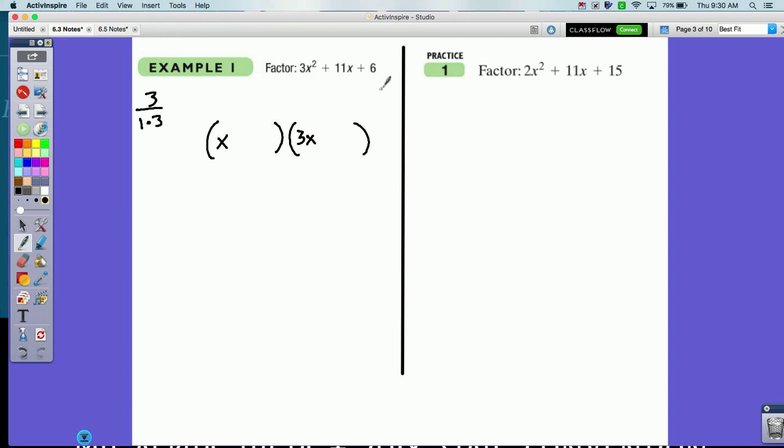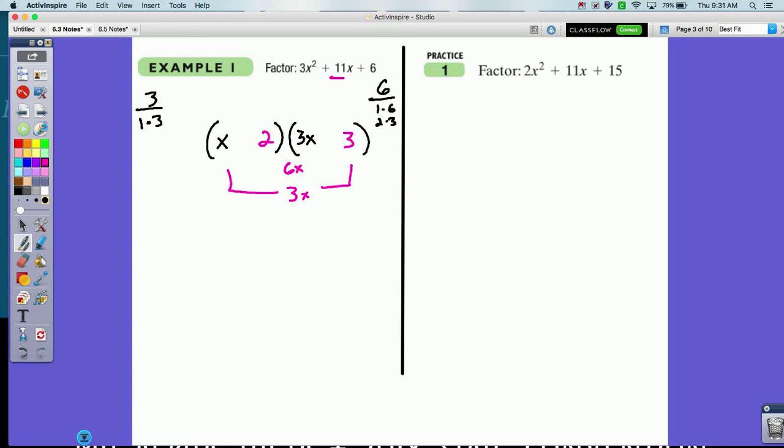In order to get 6, it's either going to be 1 and 6 or it's going to be 2 and 3. I'm going to try the 2 and the 3. I put a 2 here and a 3 here. Outside gives me 3x, inside gives me 6x. That doesn't give me the 11 that I'm trying to get.